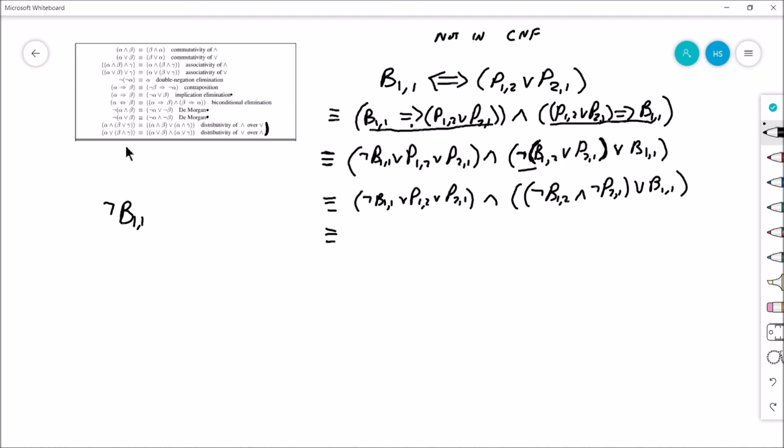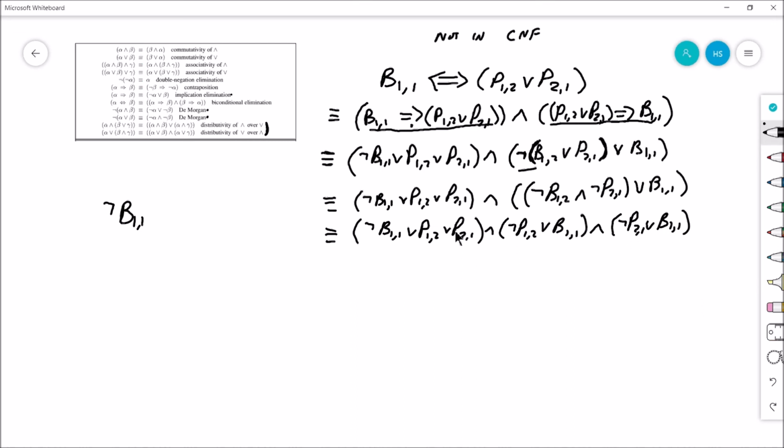That gives me a new sentence: not B11 or P12 or P21, and not P12 or B11, and not P21 or B11.